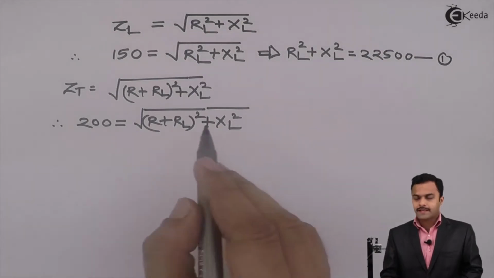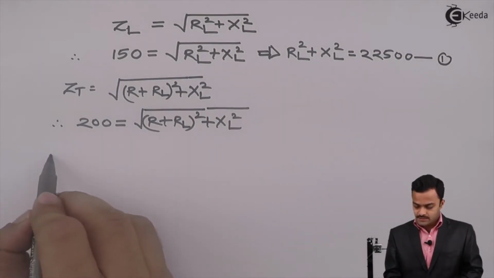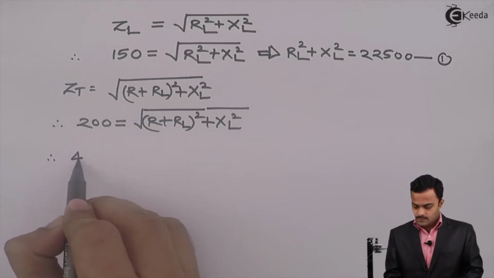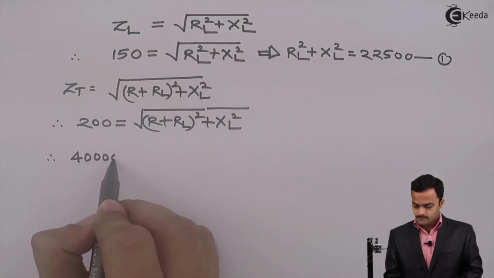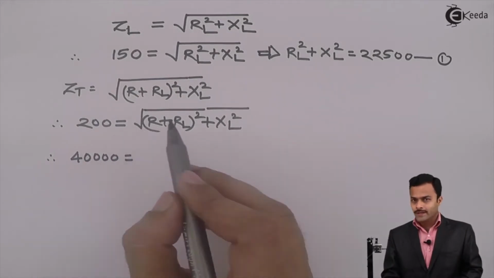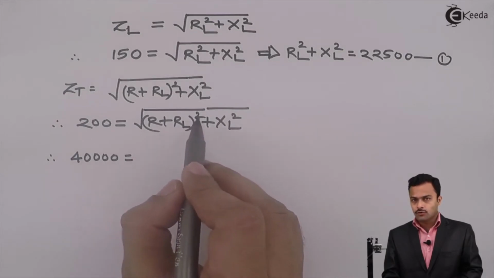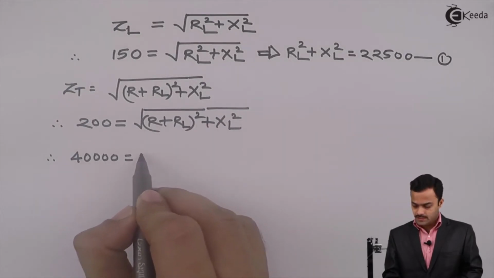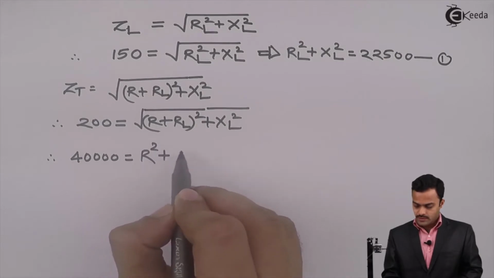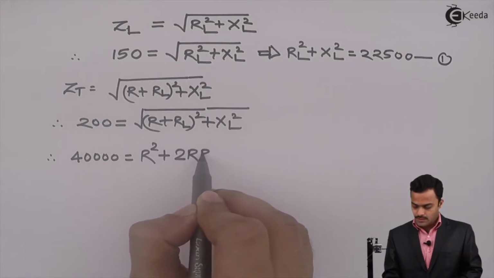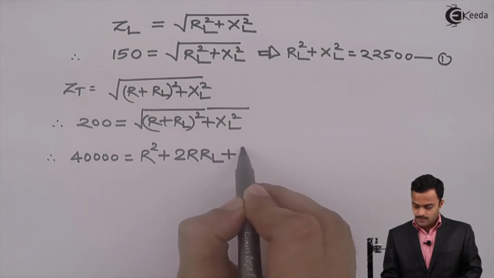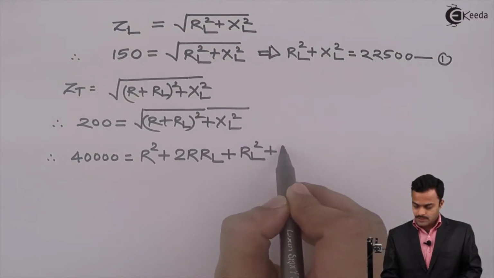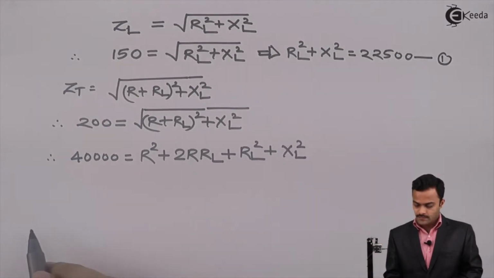Now, if I take a square on both sides, what I will get? 40,000 equal to, root will go, but a plus b, the whole square formula gives me R square plus 2 R RL plus RL square plus XL square.